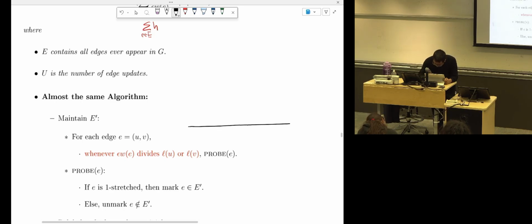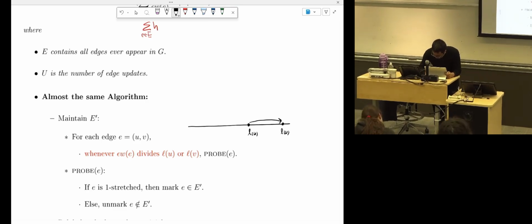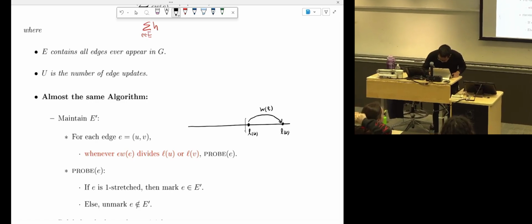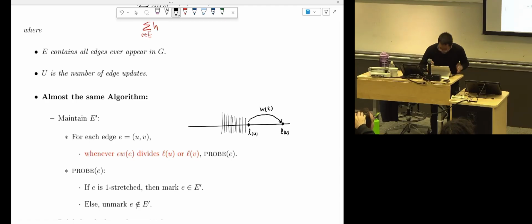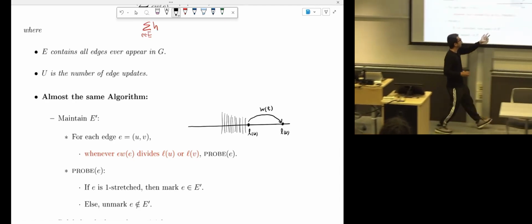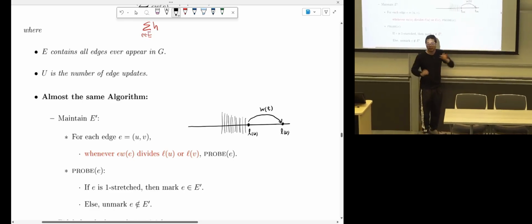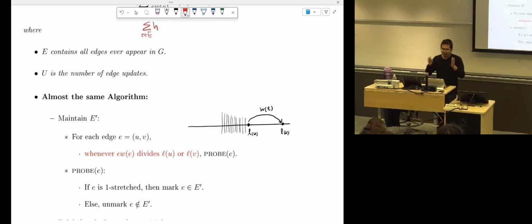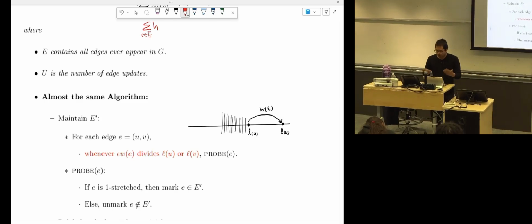So again, let me draw something. It used to be that if this is U and V, right? And maybe it's like this. Whenever this level changes by a bit, by one, we just probe the edge. When you increase the level, we probe this edge all the time. But now we say that the granularity of how we probe should be more coarse-grained.